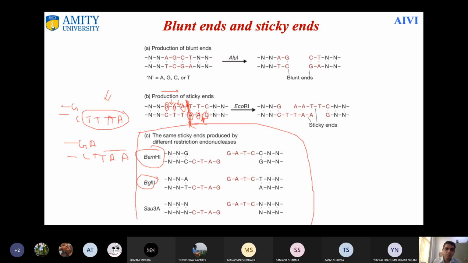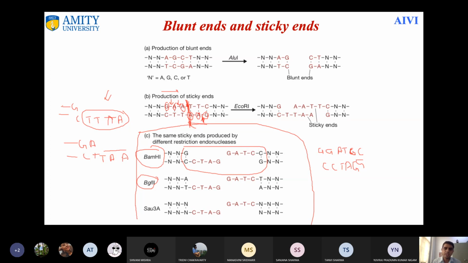If we take the example of the first one, BamHI, the recognition sequence of BamHI is this one: GGATCC. So here it is going to be GGATCC, and both strands read the same.